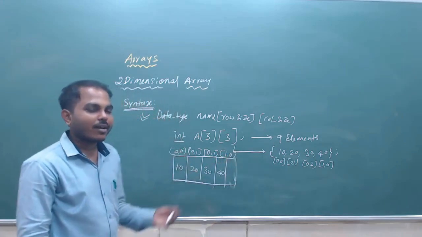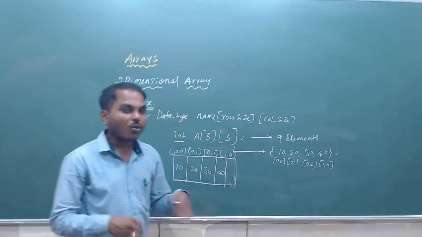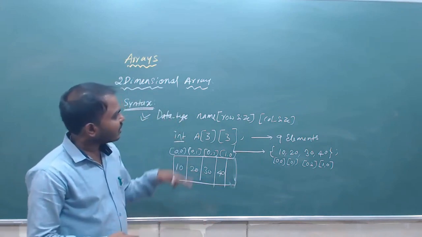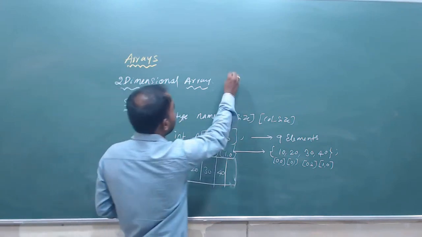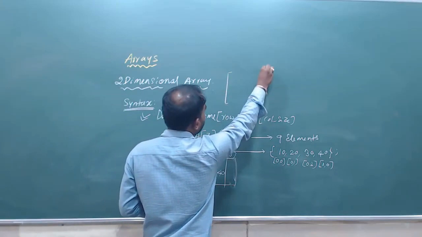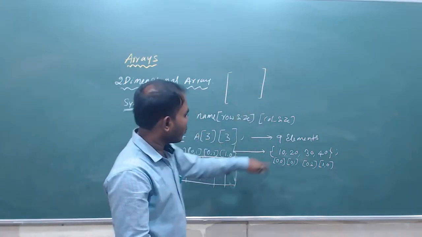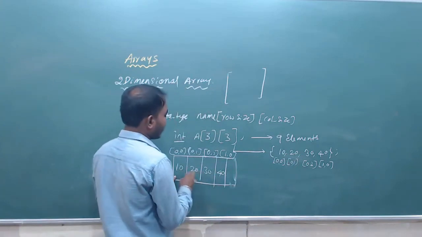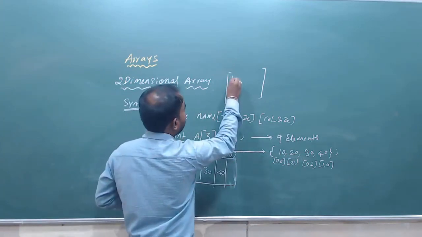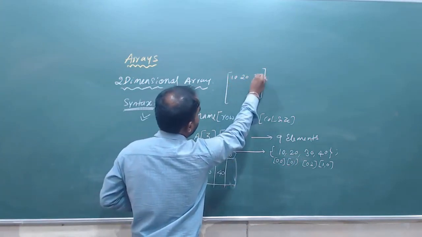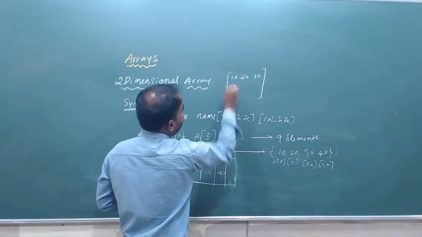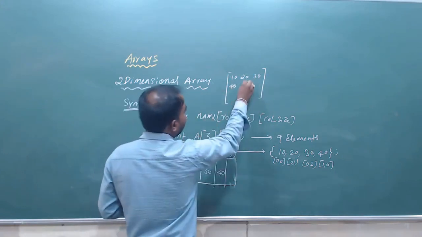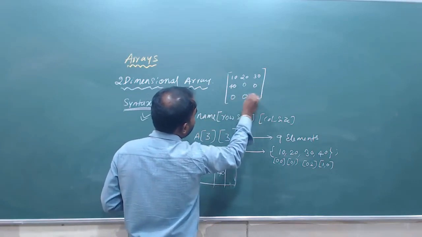But still I have 5 more elements. How to represent that, we can see in a matrix format. Okay, so I take a matrix here 3 by 3, right? So what is my first row? 10, 20, 30. And the 40 will be in the next row. Okay, so the remaining 5 elements will be 0.